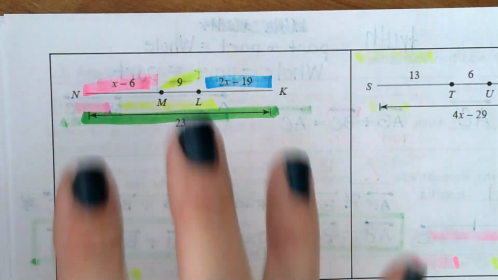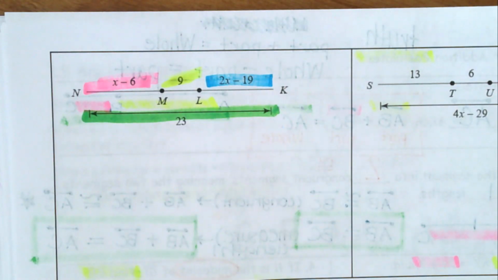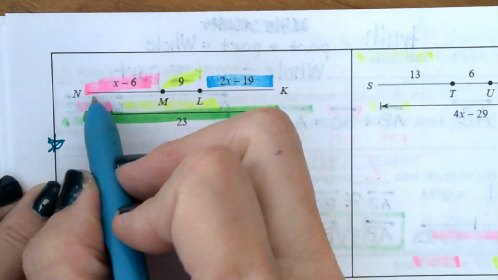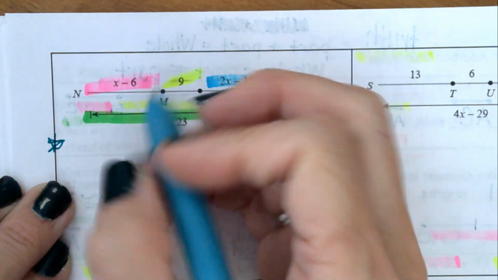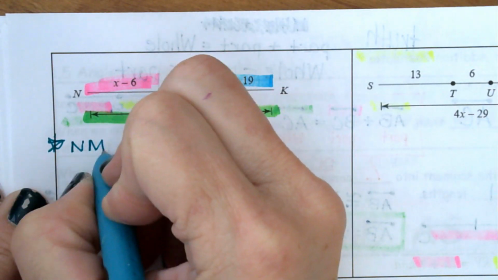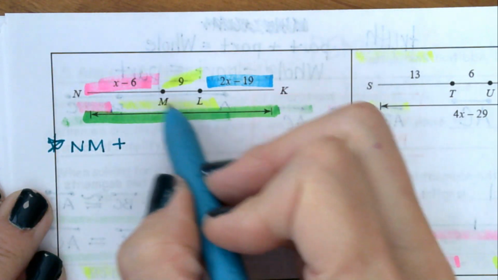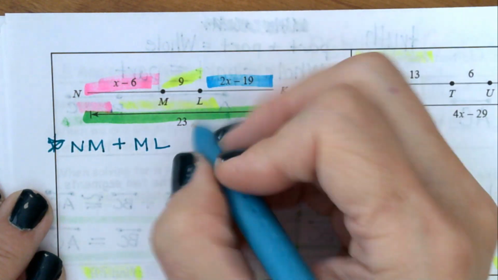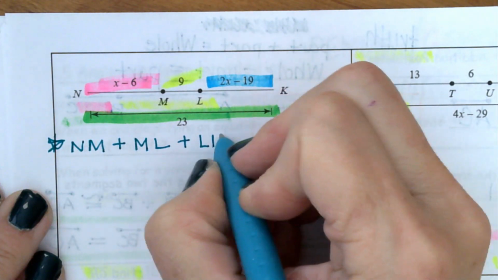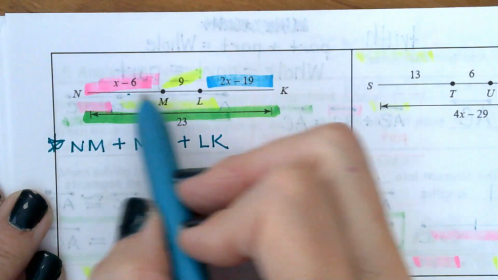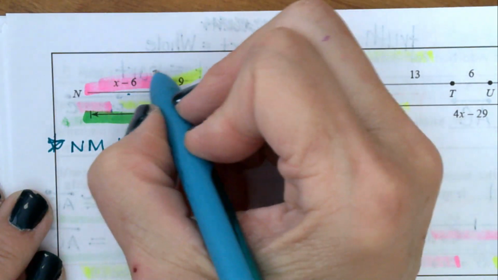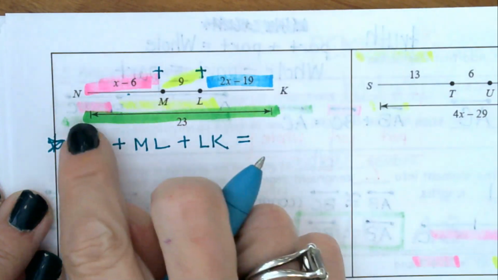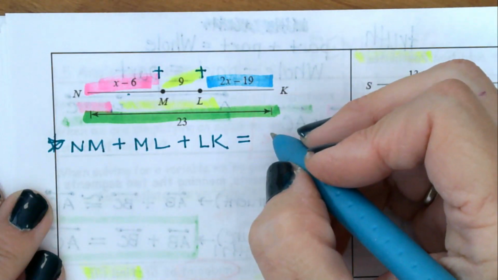Let's see if we can just do this, okay? What are our parts? Let's write our geometry. This part is first. What are we going to name this first part? NM. What are we going to name the second part? ML. What are we going to name the third part? LK. All right, so we have part plus part plus part. We're adding these together. They have to all equal the whole thing. What is the name of the entire thing?